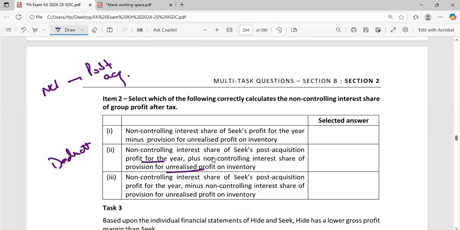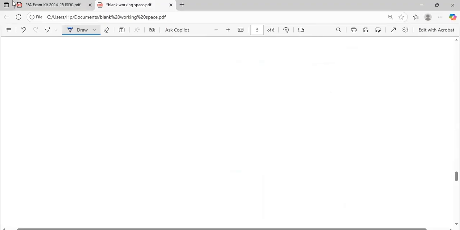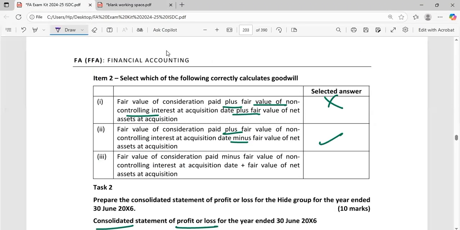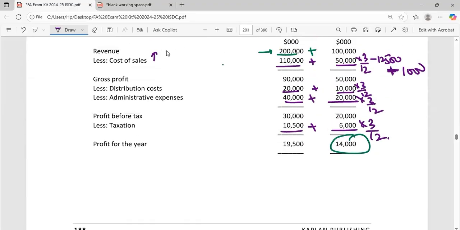So my answer would be NCI interest of SEEK's post-acquisition profit minus NCI share of URP. And I'll tell you how will the calculation take place. So what was the profit figure? See. The profit of S was 14,000. So I will write 14,000. And what is NCI's share? NCI's share is, I calculated at 25%.